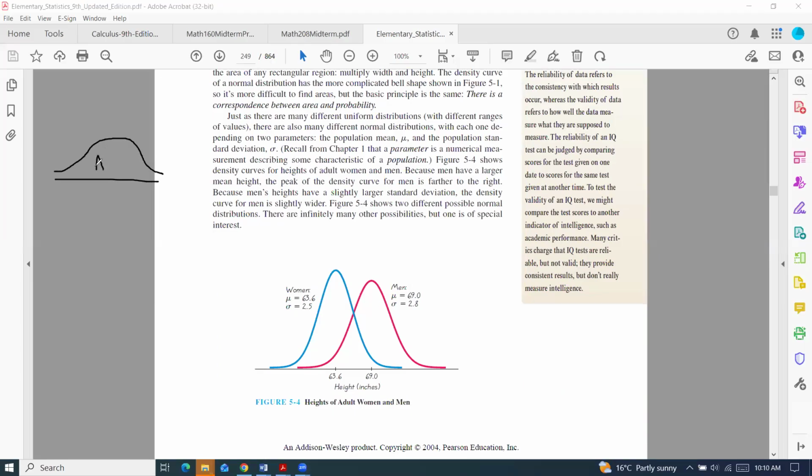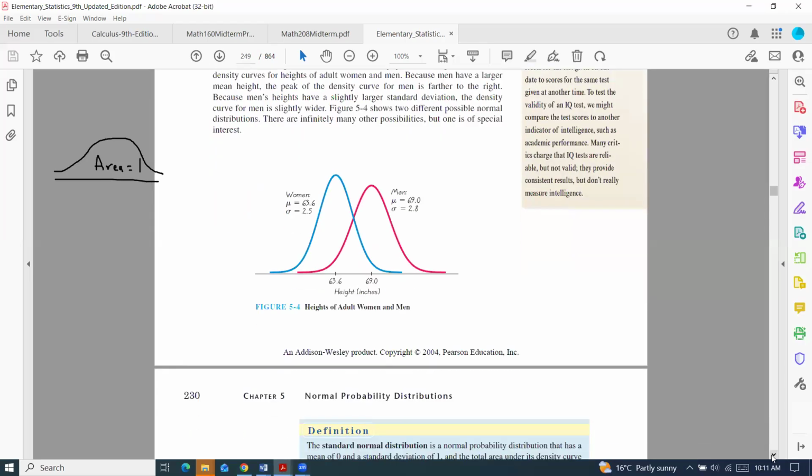So the area under the curve is 1. And if anybody ever encountered calculus in mathematics classes, they find areas under the curve, which is an integral, and that's not what we're doing in this class, so please don't worry.